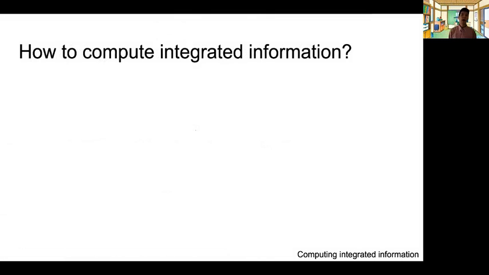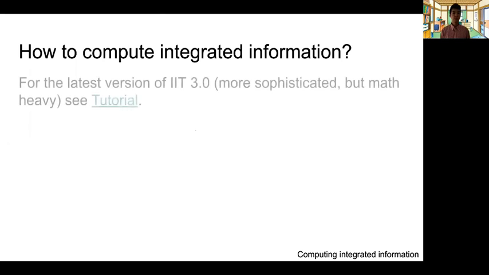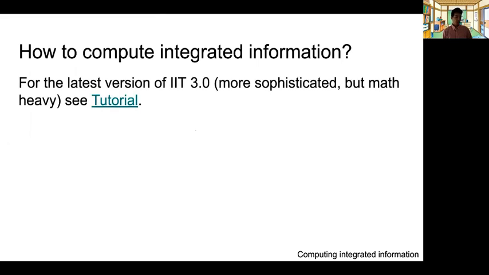Okay, so how can we compute integrated information? To be exact, it is best to go into the original paper and the latest version, IIT 3.0, which uses just a simple mechanism for the explanation, but it is already quite a long tutorial.